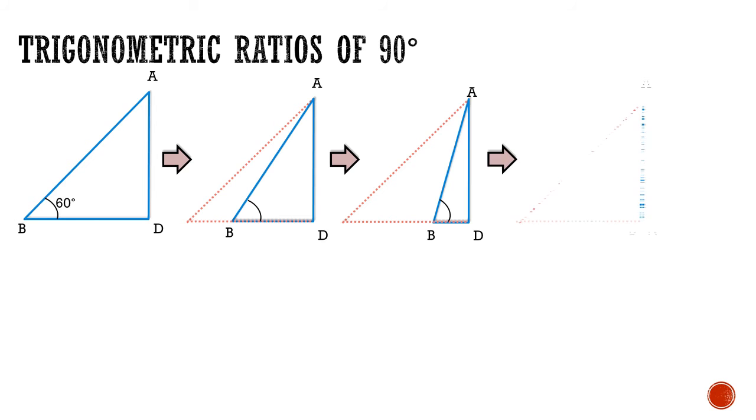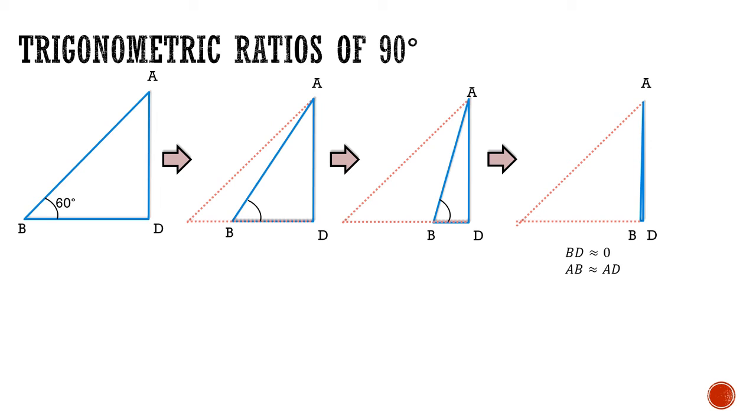Can you see the changes happening here? That 60 it was, then it increases in size gradually, and it reaches this part where it almost aligns itself with the side AD, and it actually results in decreasing of the side BD such that it is almost equal to 0, just like this.